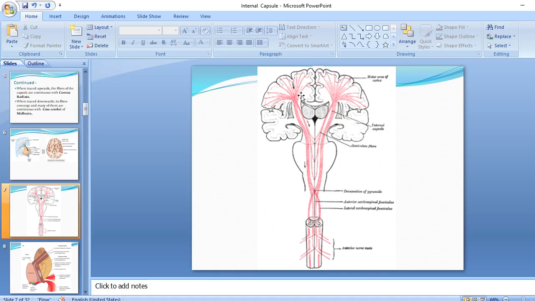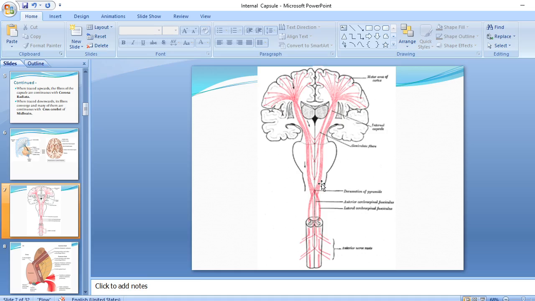Here in this diagram, you can very well appreciate how these fibers from the cerebral cortex converge in the region of the internal capsule, and this compact bundle inferiorly can be traced here in the crus cerebri of the midbrain. From the midbrain, it passes to the pons, and from the pons to the medulla.